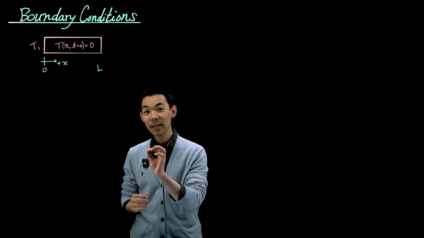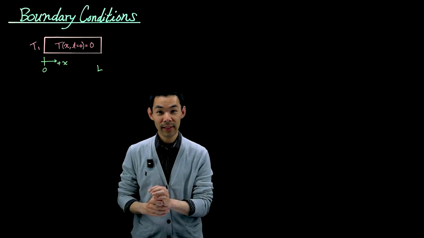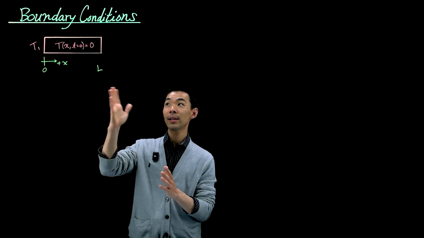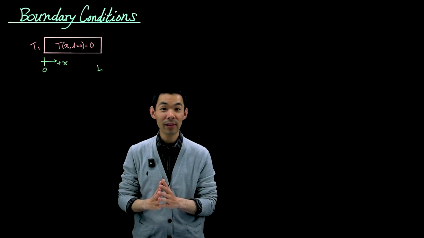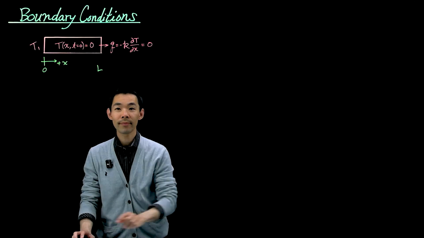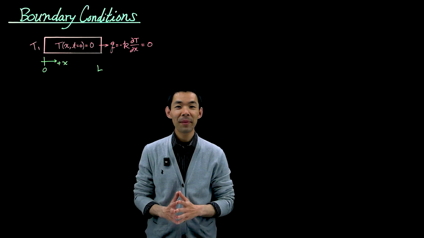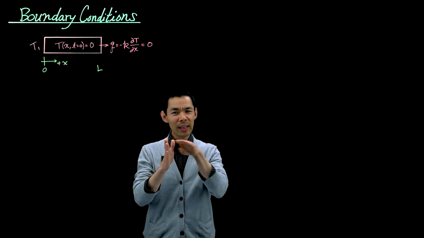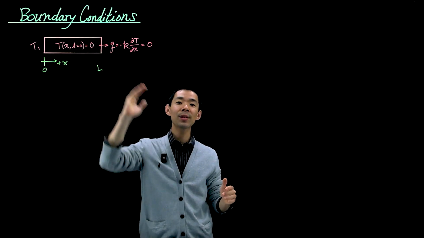Not a fixed temperature, but a fixed derivative. In particular, we're going to consider what's called an insulated boundary condition. An insulated boundary condition is one where there's no heat flux leaving this boundary.